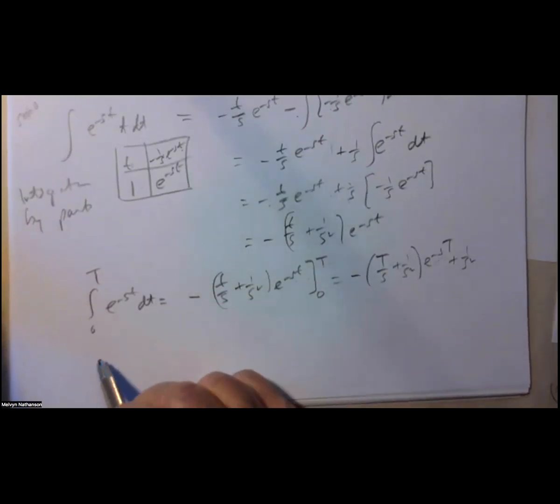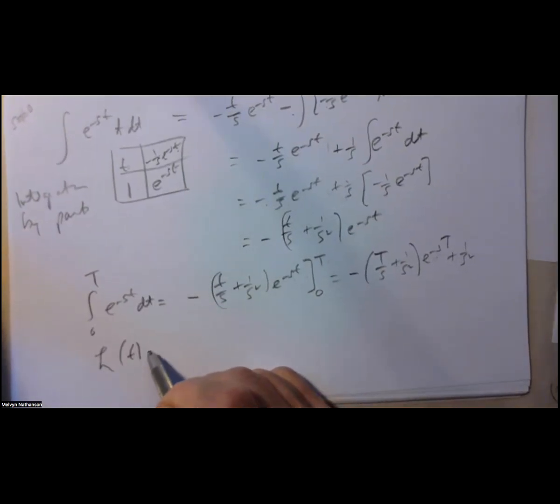So this is a proof that the Laplace transform of t is equal to 1 over s squared. Okay. Again, I did this example last week, and I'm doing it again because this kind of mathematical technique is very important for you to master.